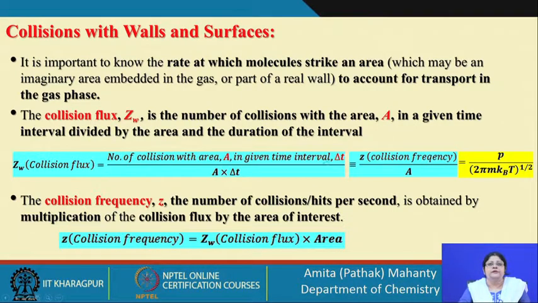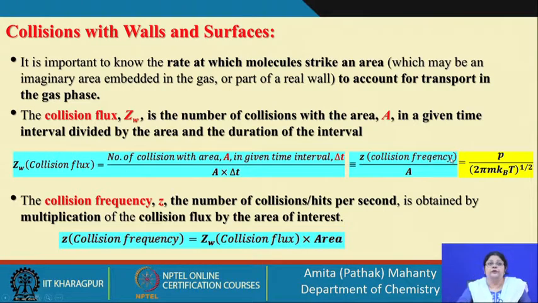Okay. So in other words, we can write it as the collision frequency, the number of collisions occurring on area A per unit time, divided by the area of interest. Okay. And this can be derived. I am not looking into it here, the expression is given, but we are going to derive that.